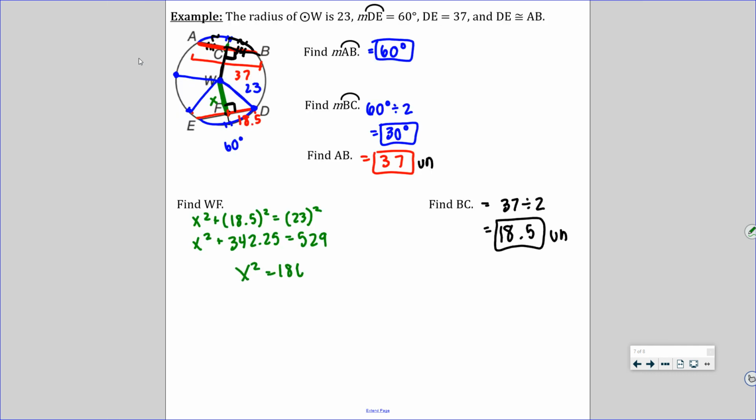I get this number. Square root both sides. I get this number, 13.7. So meaning WF is about 13.7 units. I just rounded to the nearest tenth.